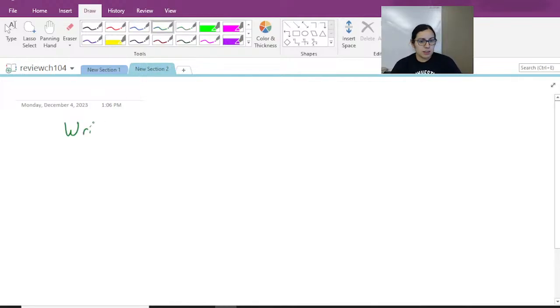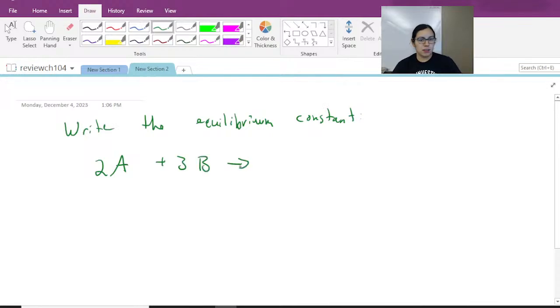Write the equilibrium constant. So what if you have this reaction? 2A plus 3B gives us A2B3. So write the equilibrium constant.